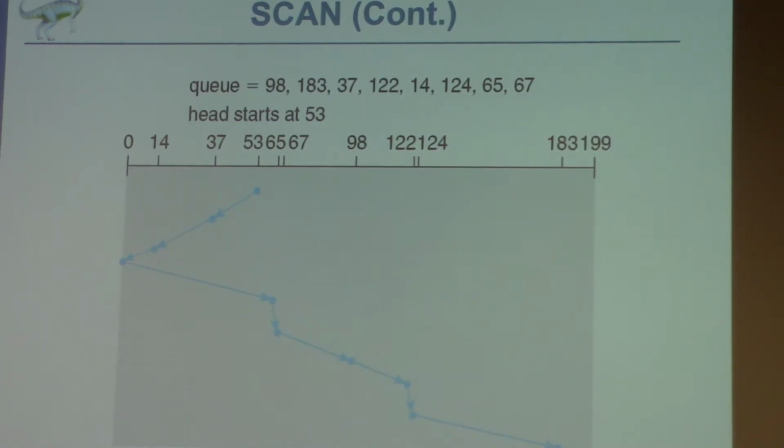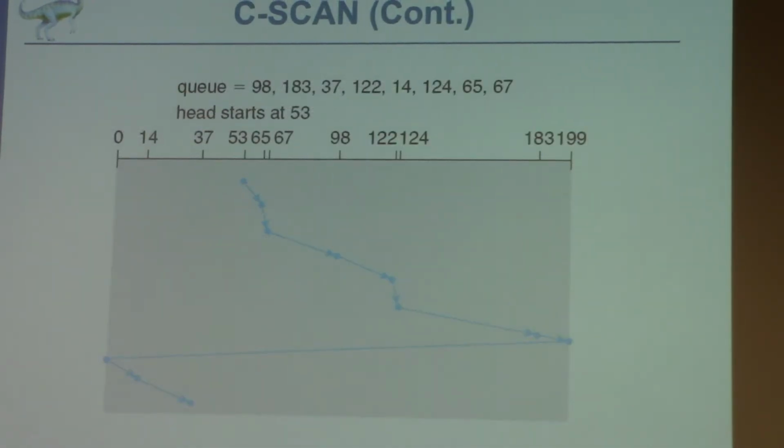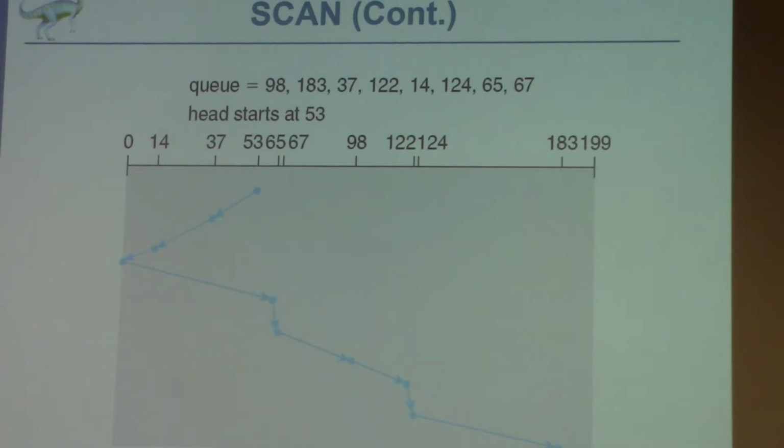The problem is we have to touch the ends, even in case there are a lot of requests in the middle. So we don't have to touch the 0 or the top. Instead, the LOOK algorithm. Not C-scan, the LOOK algorithm, is the same as the scan.